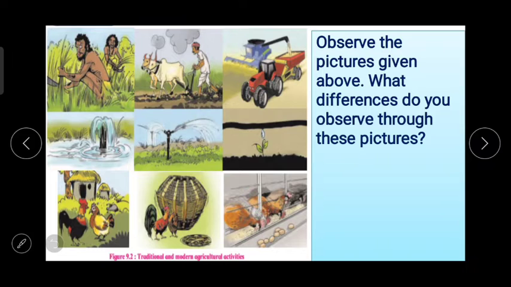Again I'll repeat the same thing, that in 5th standard CVS you people already learned about the progress or development of humankind from wandering in the jungle towards the settling of life. ये सारी जर्नी हमने देखी है.